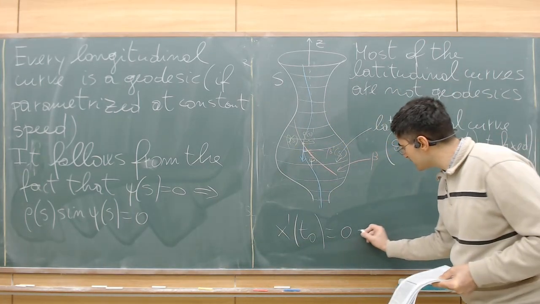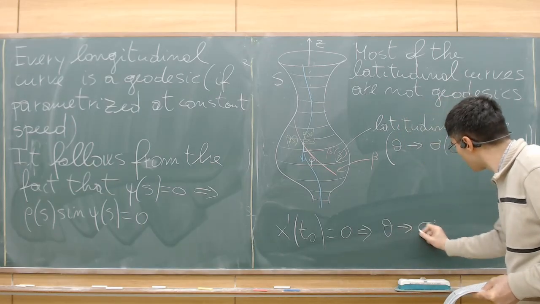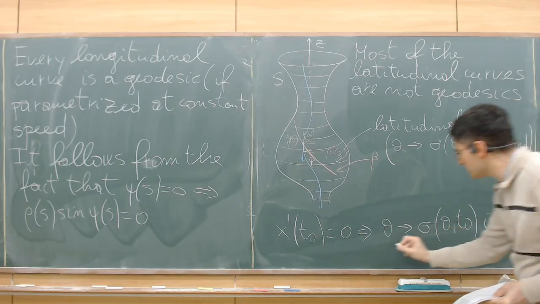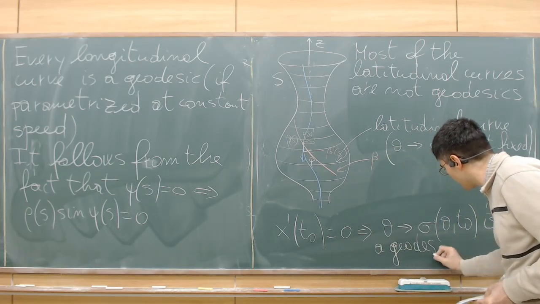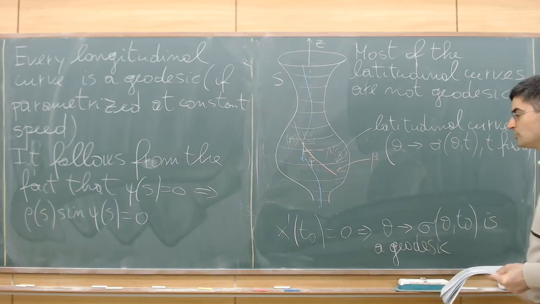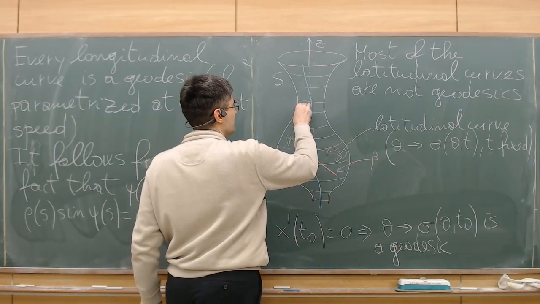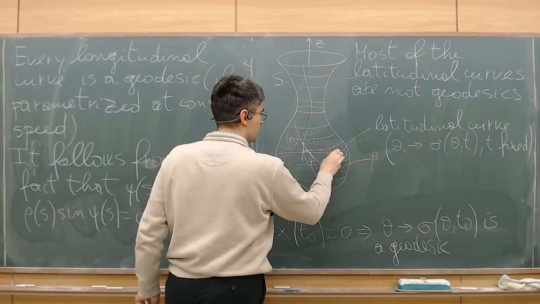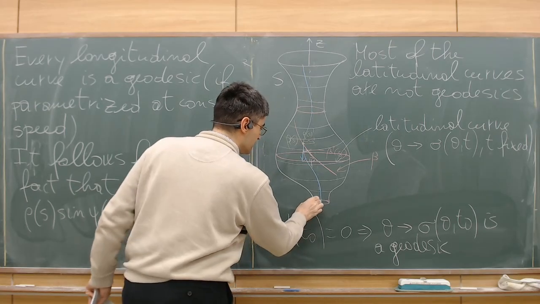So this implies that theta goes to sigma of theta, t0 is a geodesic. So what are the geodesics in the picture I made? This one, and this one.